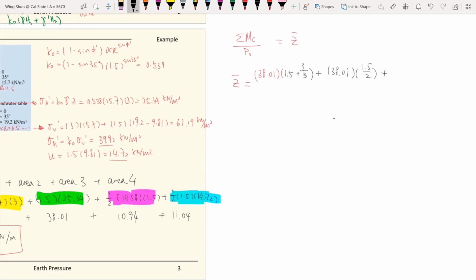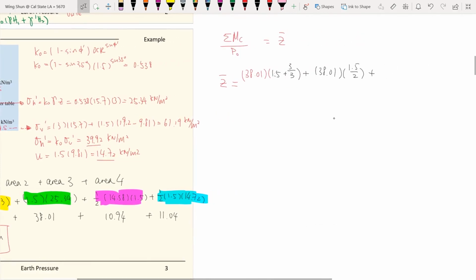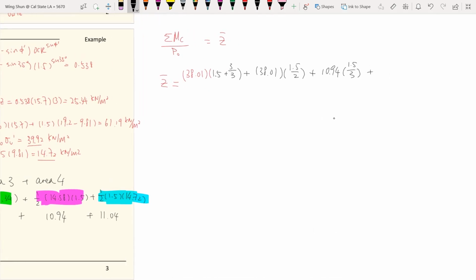The third area is again a triangle, located at the bottom, and the area we calculated is 10.94, at 1/3 from the bottom. Same for the water pressure at the end, area number 4, which is 1.5 divided by 3.